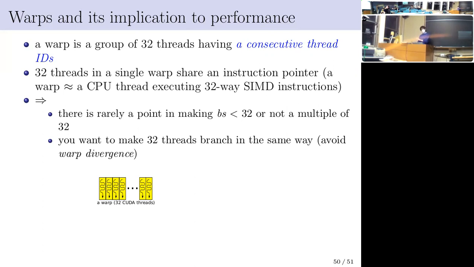Like I said repeatedly, it never happens that some threads execute the then branch while at the same time the other threads execute the else branch. So when you have a warp, you want to make sure that all these threads execute the same thing for performance's sake.